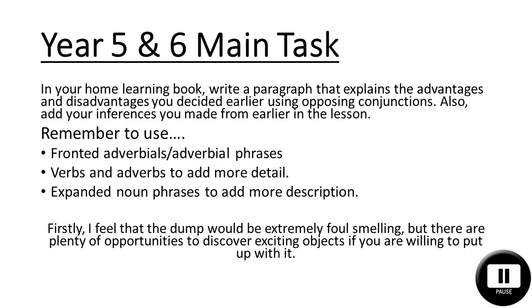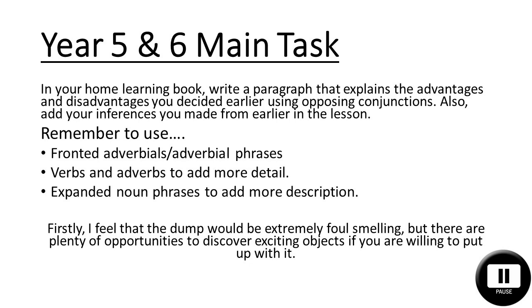And finally, Year 5 and 6, here's your main task. In your home learning book, write a paragraph that explains the advantages and disadvantages you decided earlier using opposing conjunctions. Also, add your inferences you made from earlier in the lesson.